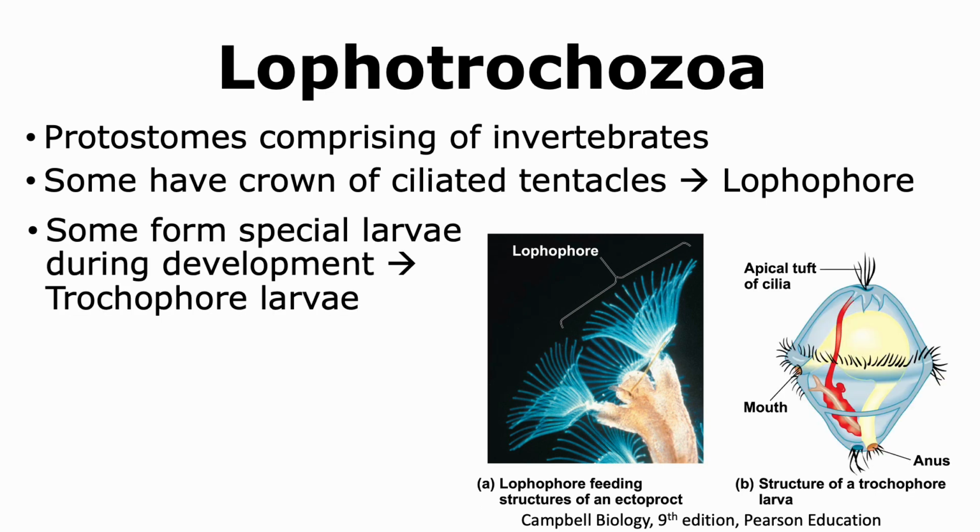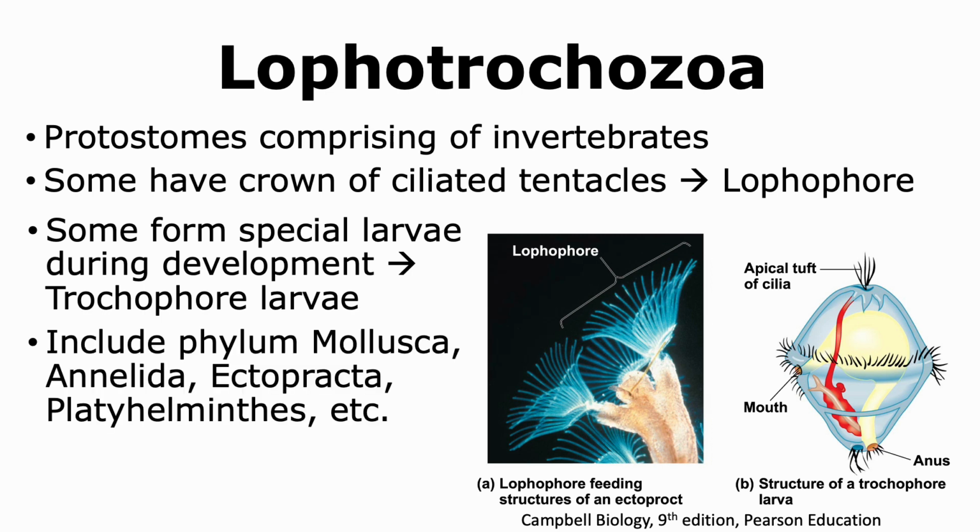Some other animals form a special type of larvae during their development called a trochophore larvae, which contributes to the second part of the name of Lophotrochozoa. Animals present in the phyla Mollusca, Annelida, Ectoprocta, Platyhelminthes, and others come under Lophotrochozoa.